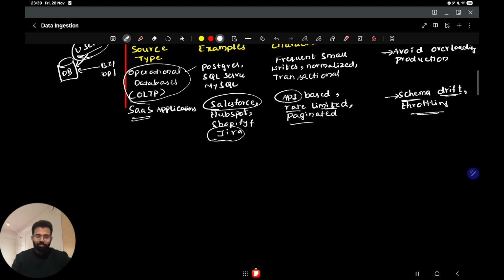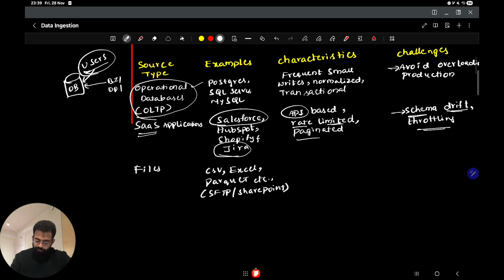Okay, and then moving on to the next common source, which is files. When I say files, I'm talking about any kind of delimited files like CSV, Excel, Parquet, etc. There are all different kinds of file formats available, and most of the time you will end up receiving these files through SFTP, or in some companies on SharePoint, OneDrive or some network drive as well.